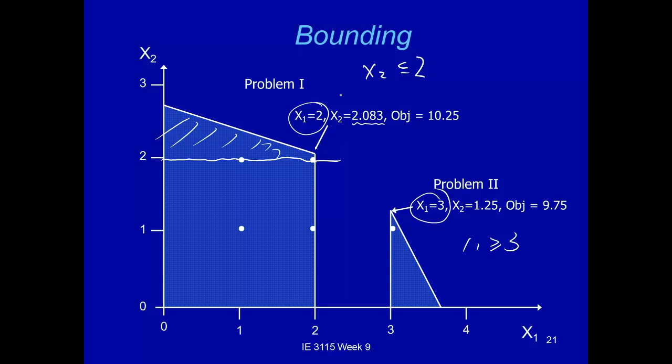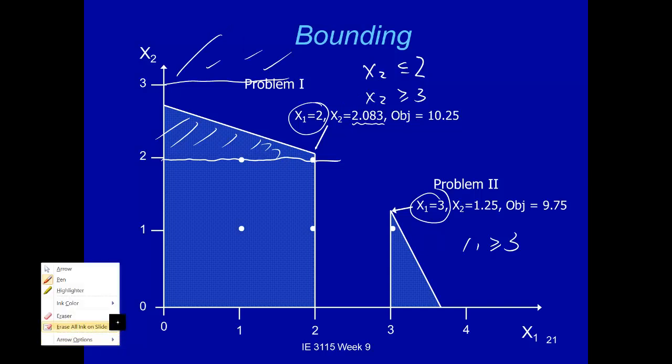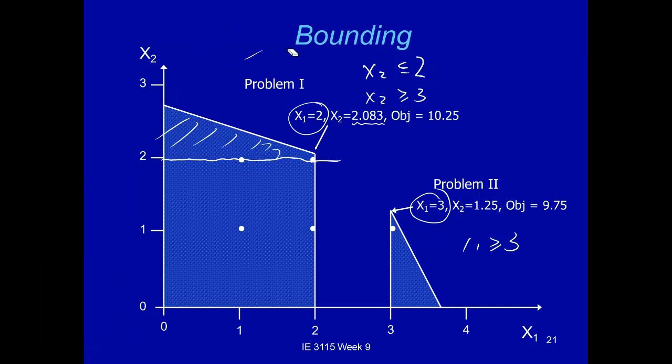And we can also do x2 greater than or equal to 3. So that's the 2 integers closest to this value. But we know that this part is infeasible, so we won't want to do that. Okay. So we will add another problem by adding x2 less than or equal to 2 to continue to branch this problem.